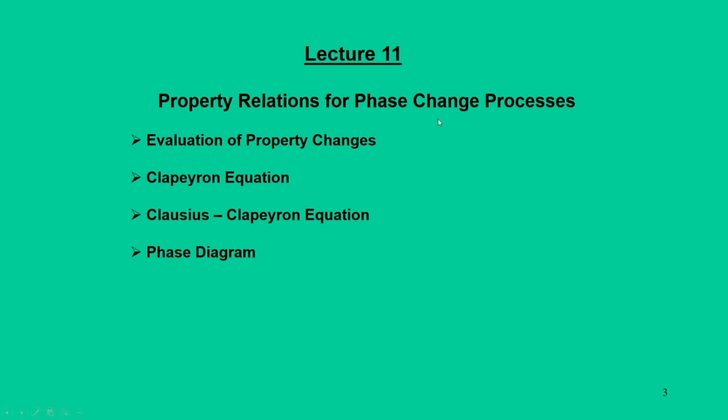And for phase change processes, two important equations are predominantly used. One is Clapeyron equation, the other is Clausius-Clapeyron equation. In fact, both the equations are more or less the same, but with certain approximations, different concepts were developed. After deriving these equations, we will be discussing their applications with respect to phase diagrams.